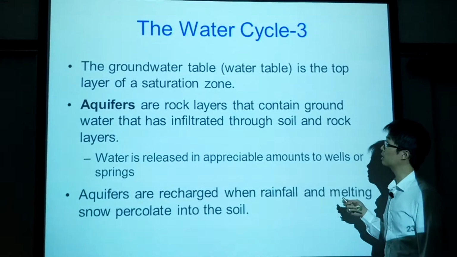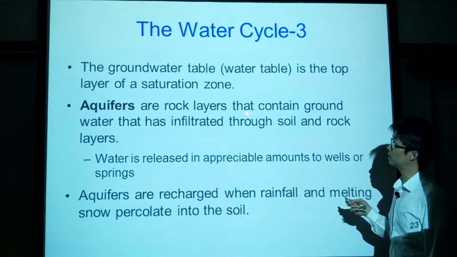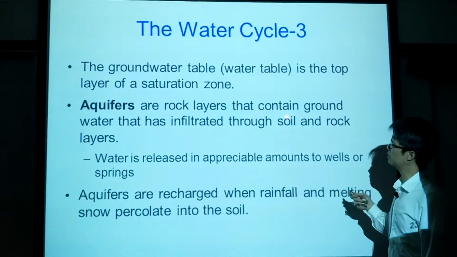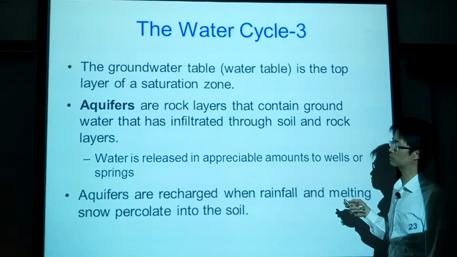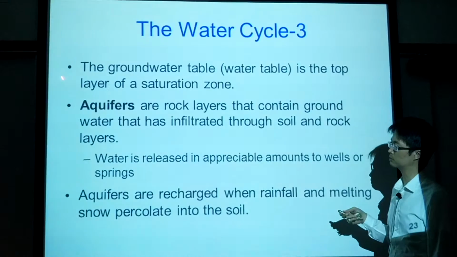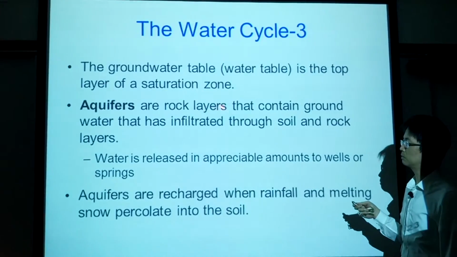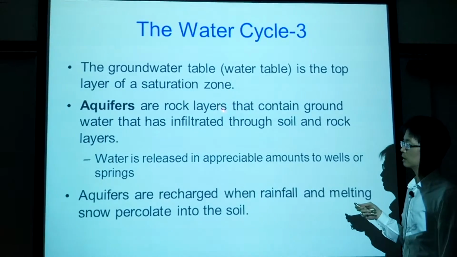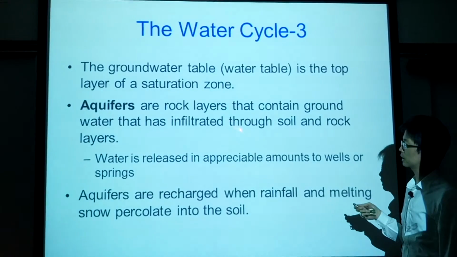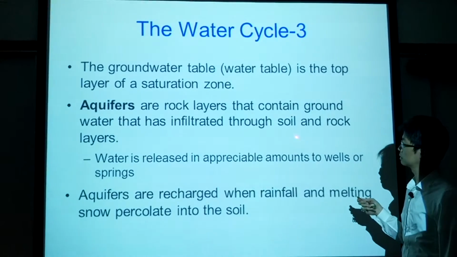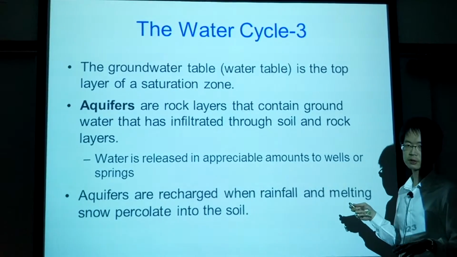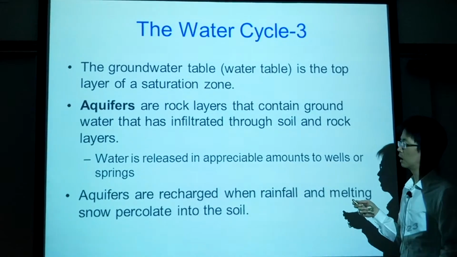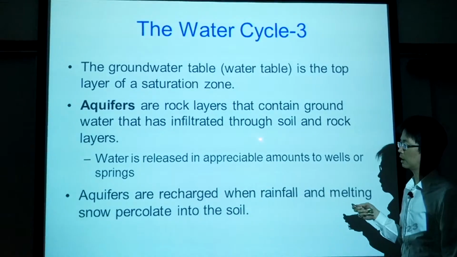The groundwater water table is the top layer of the saturation zone. You don't need to know the detail of the saturation zone, but the aquifer is basically the water that is in between the rock layers. It's because the water on the ground surface is being absorbed into the ground.